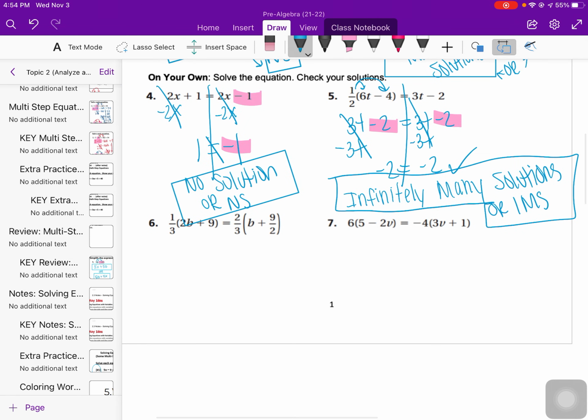All right, number 6. I'm going to distribute on both sides. Ooh, this is a lovely fraction. So I would have 2/3 b plus 3 equals 2/3 b plus 3. I'm gonna bring my b's all over on the same side, and they obviously cancel out.